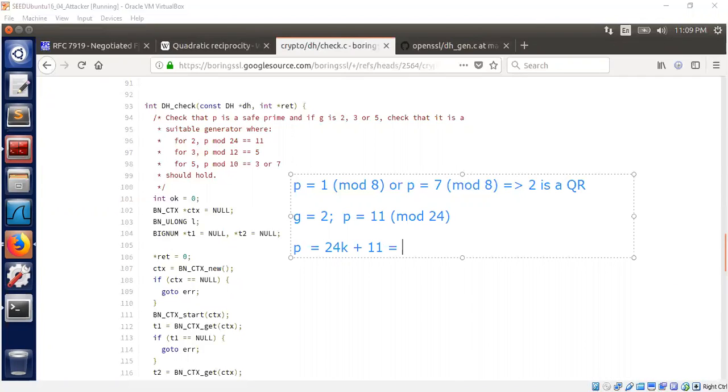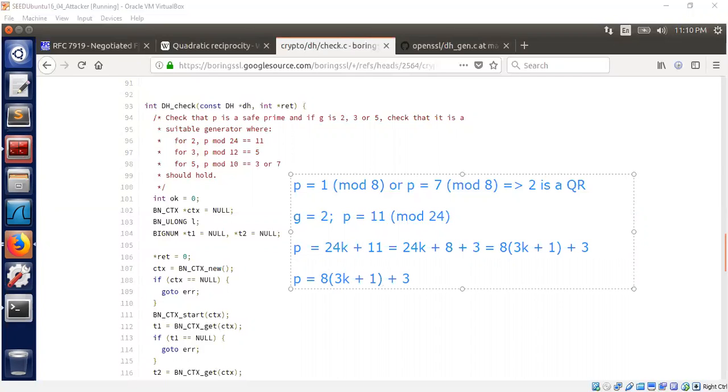Okay, so how can I rewrite this? I can rewrite it as 24k plus 8 plus 3, which is 8 times (3k plus 1), plus 3. So essentially I have my P in this format, plus 3.